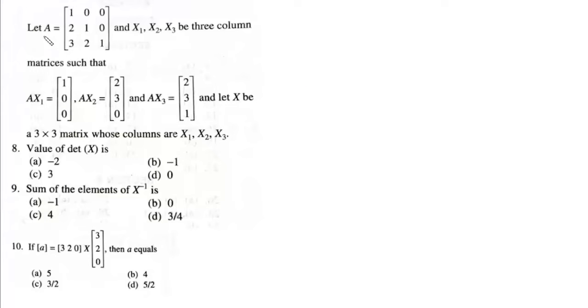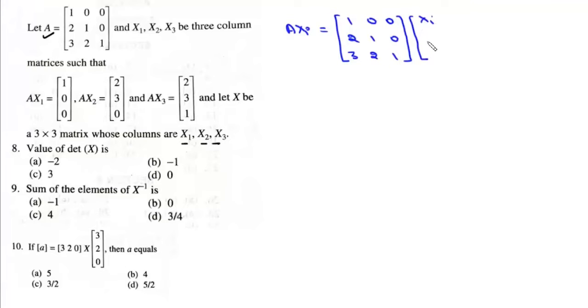Now here the question is, we are given this matrix A, which is 1 0 0, 2 1 0 and 3 2 1. We are given three equations, AX1, AX2 and AX3, and let X be this matrix whose columns are X1, X2 and X3. Now first we'll find X1, X2 and X3. Now if we write any general equation, say AXi, this AXi will be simply this 1 0 0, 2 1 0 and 3 2 1, and it will be multiplied with this column matrix Xi, Yi and Zi.